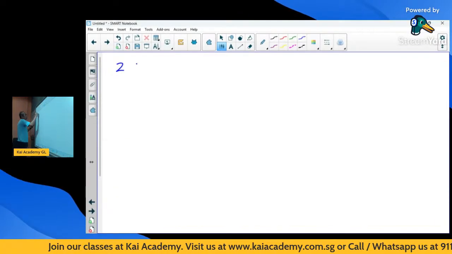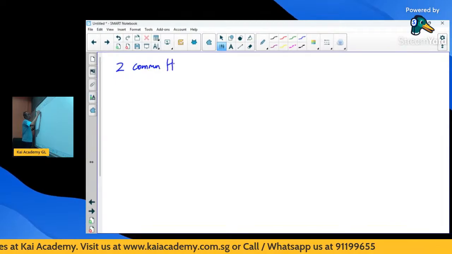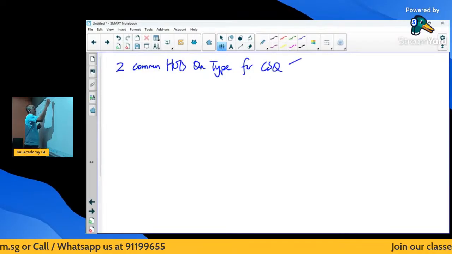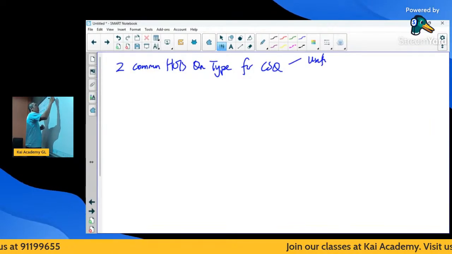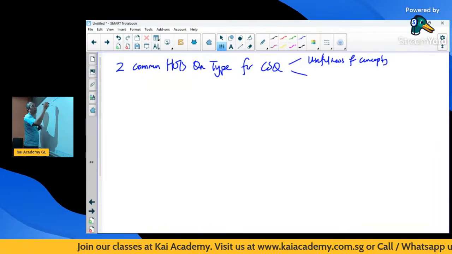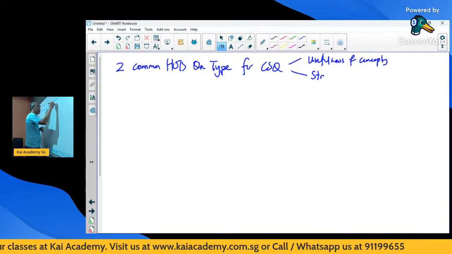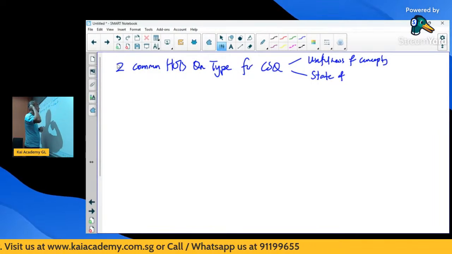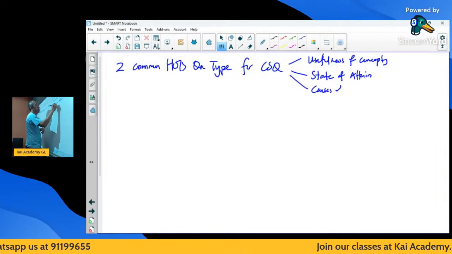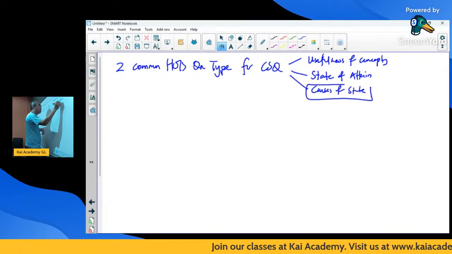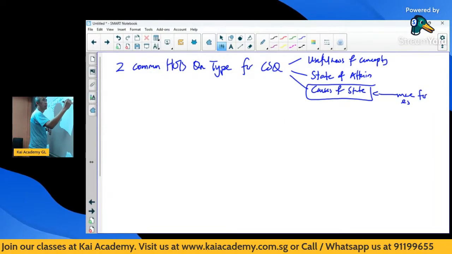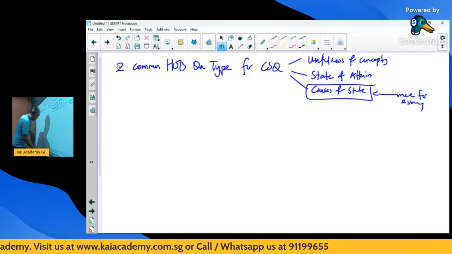So first, the two common hot question types for CSQ are usefulness of concepts, and actually three, state of affairs, and causes of state. But this last one is maybe less popular. It's more for essay. So usefulness of concept and state of affairs are the more popular ones.